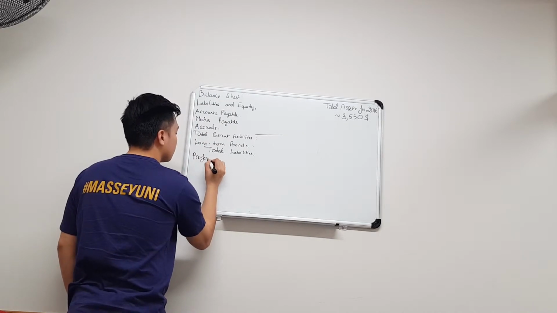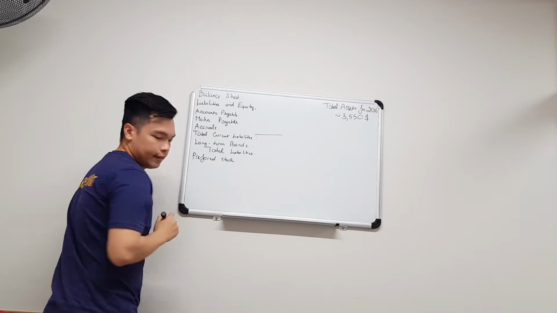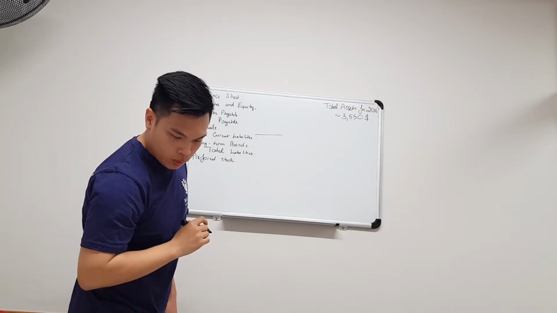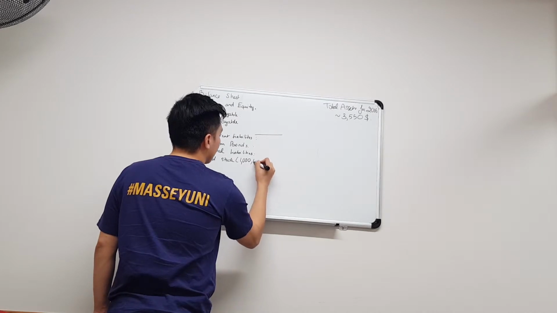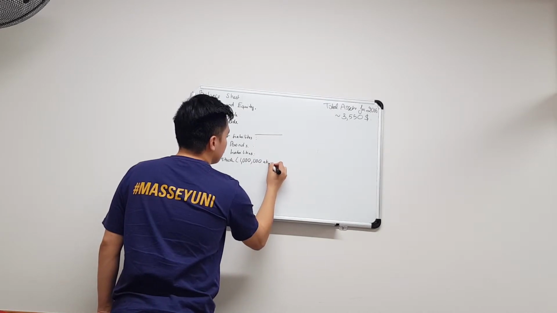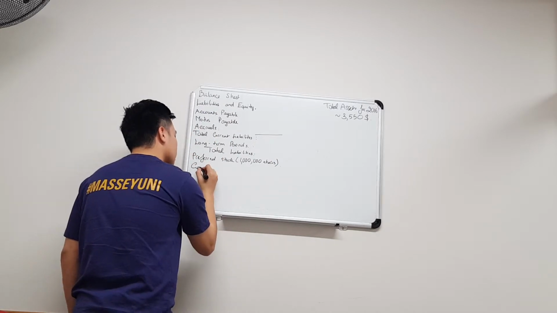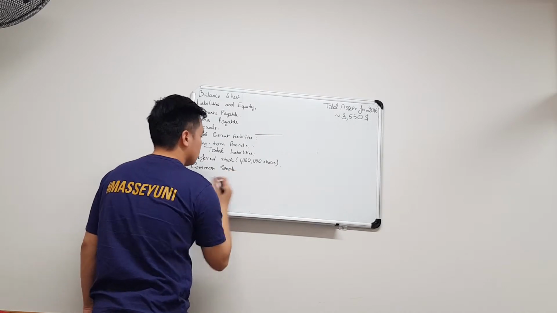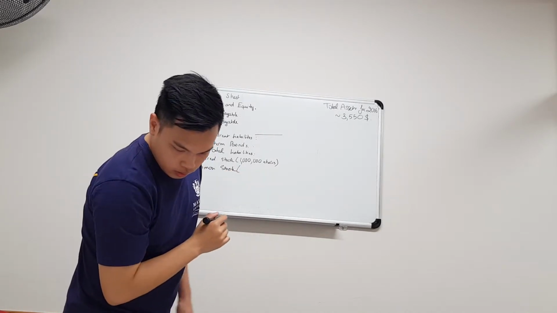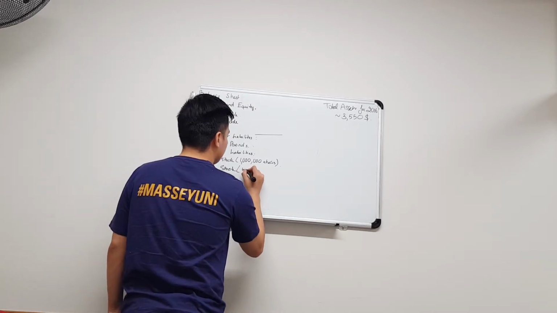For example, we have 1 million shares of preferred stock, and we have common stock, for example, 50 million.